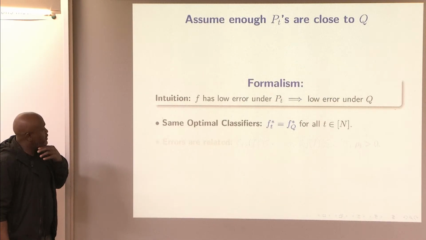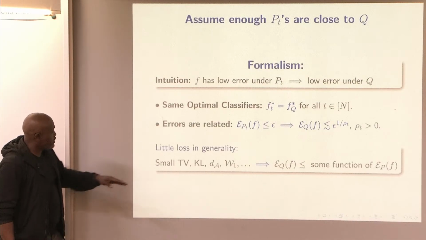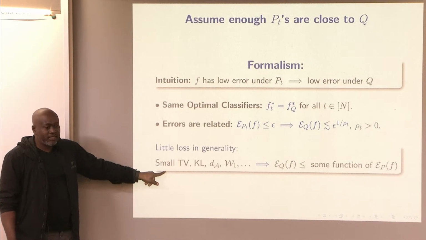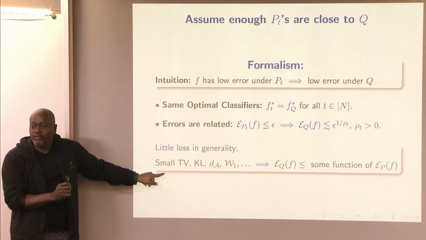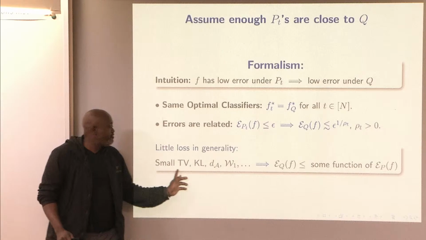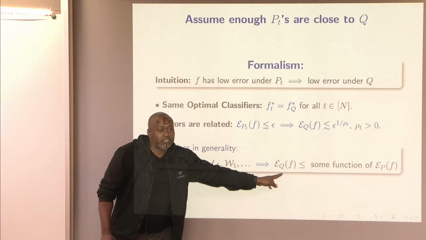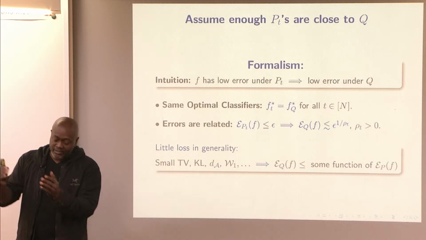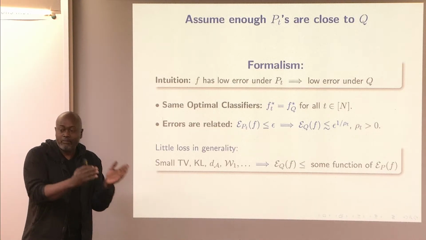Before I even go further, even though it's a specific parameterization of the problem, you can show that the various notions of distance that people have proposed in the literature really just boil down to this: as I drive down source error, I'm driving down target error.